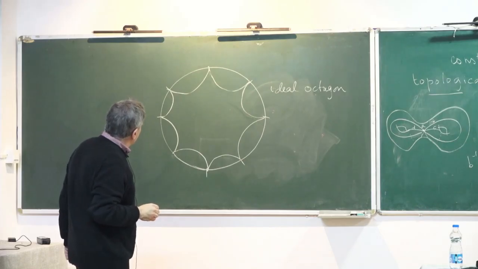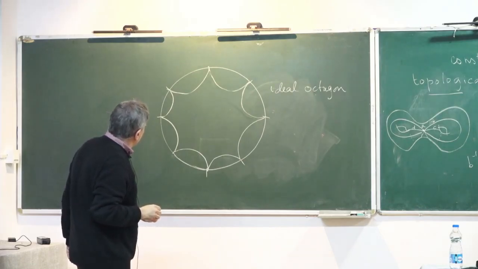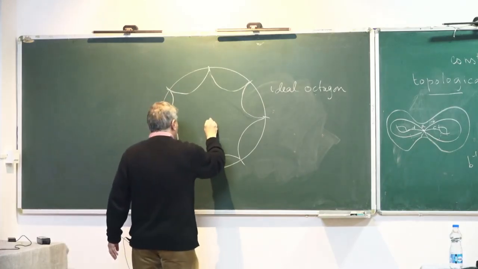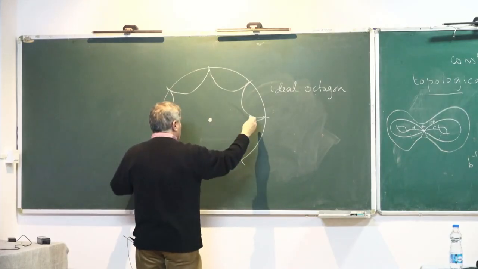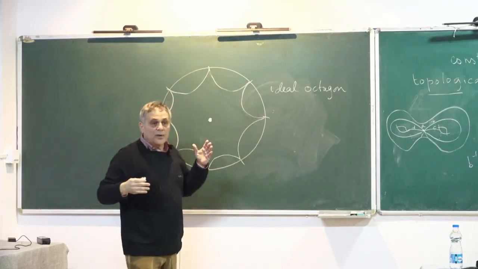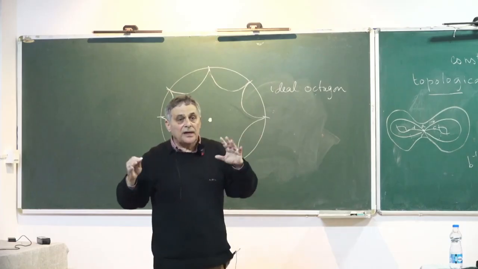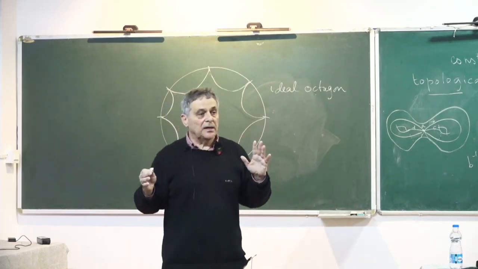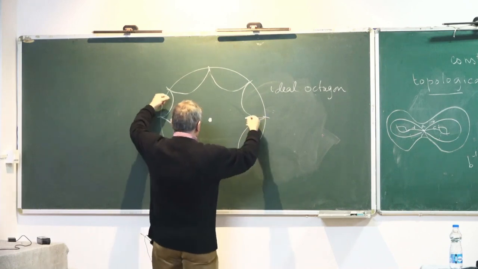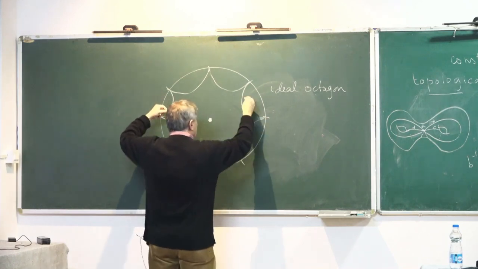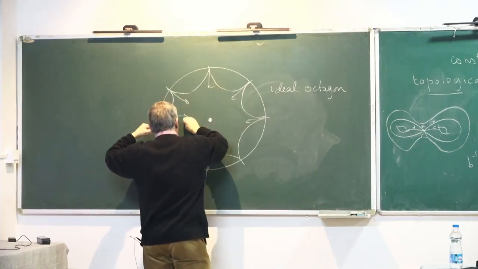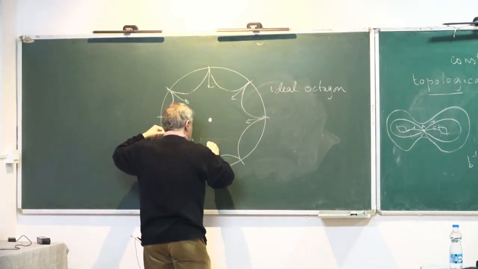Then what do I want to do? This is my center, and this ideal octagon, I want to make it a non-ideal octagon, a real octagon in the hyperbolic plane, by approaching all the vertices at some equal velocity.